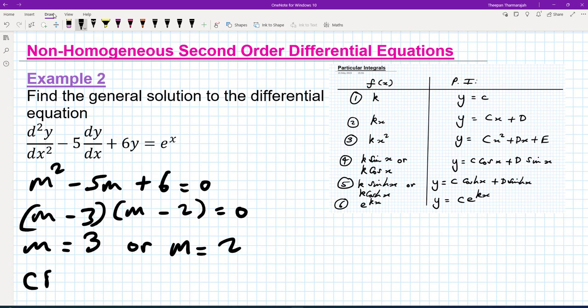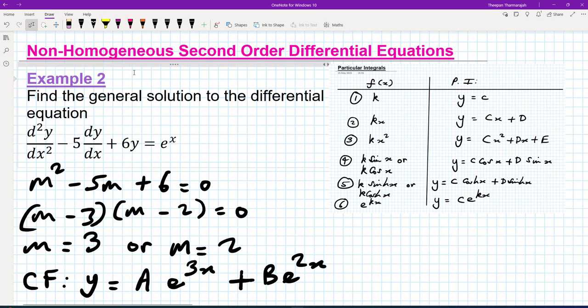So our complementary function is y equals a times e to the power of 3x plus b times e to the power of 2x. Now we need to remember that our particular integral will take the form of c times e to the power of kx. k in our case is 1, so it'll be c times e to the power of x.